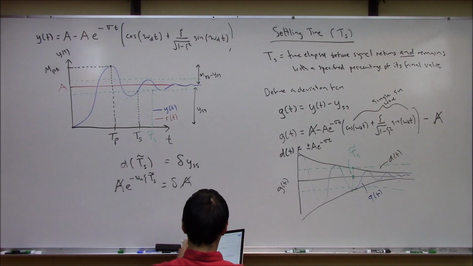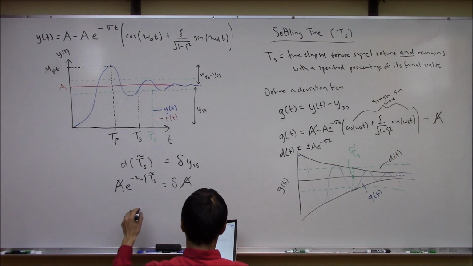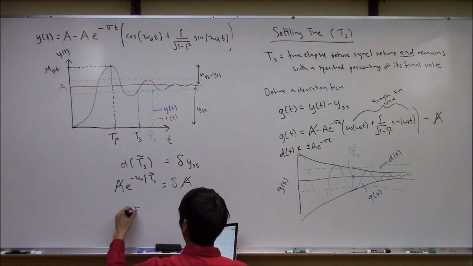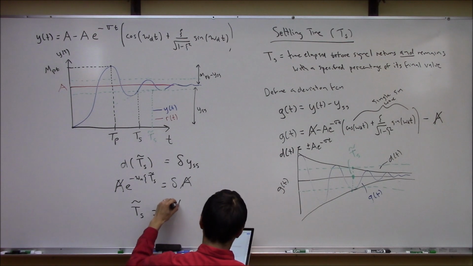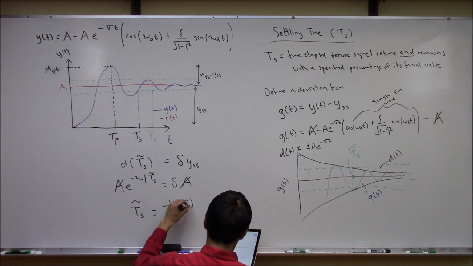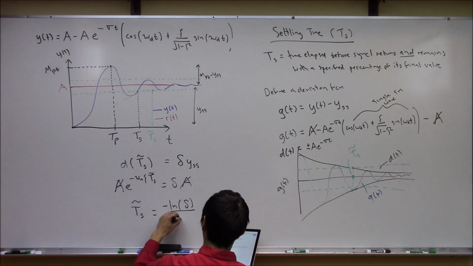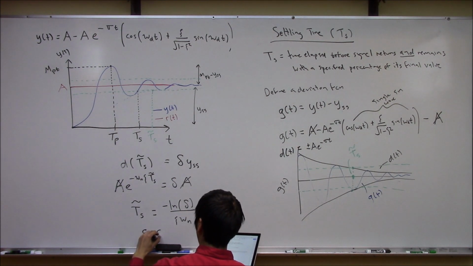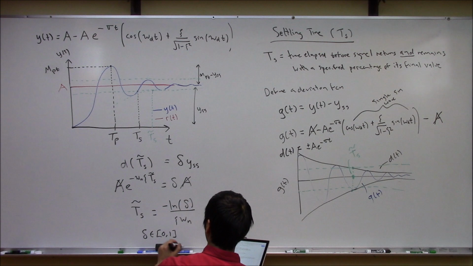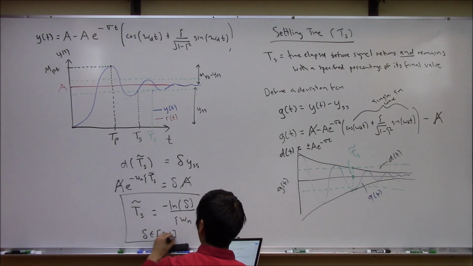And if you do this, you could solve this for t settling. So you would end up with t settling tilde is basically going to be minus natural log of delta all over zeta omega n. And here, again, like we said, delta is between 0 and 1. Perfect. Here we go.